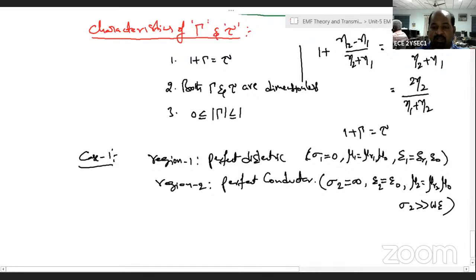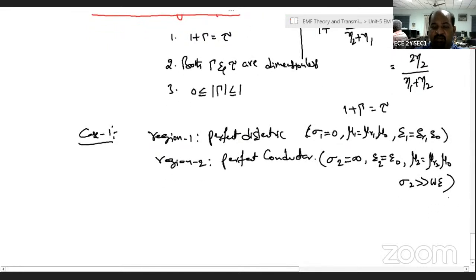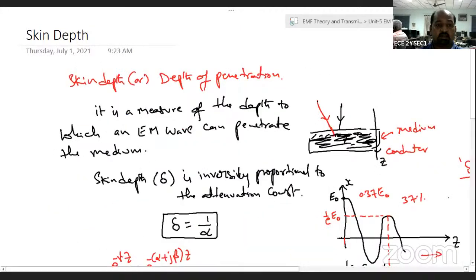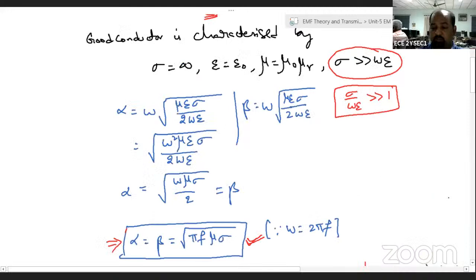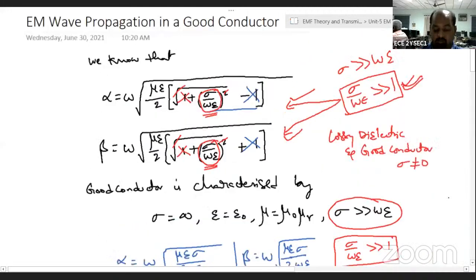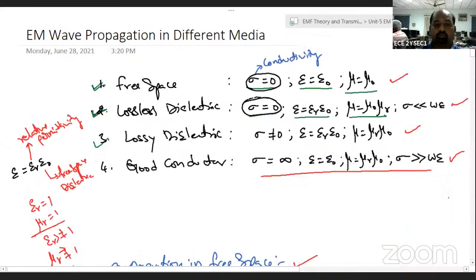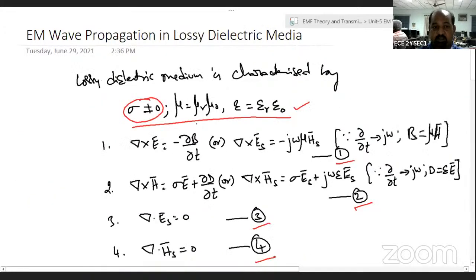So these are the characteristics for a perfect conductor. Perfect conductor in the sense good conductor. Let me verify the characteristics. Yes, so these are the characteristics. So good conductor and lossless dielectric media. So these are the characteristics.